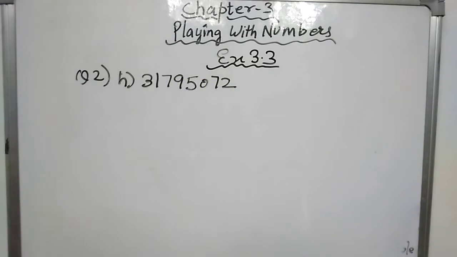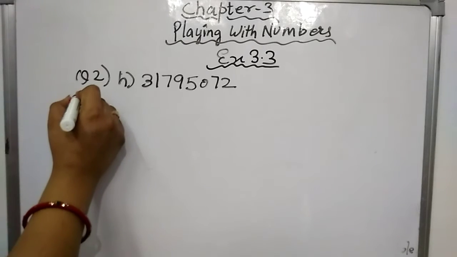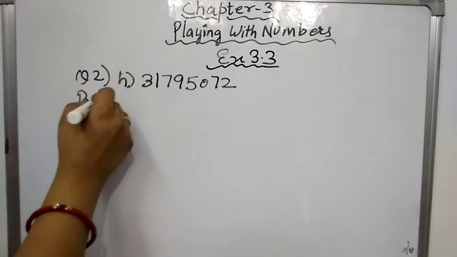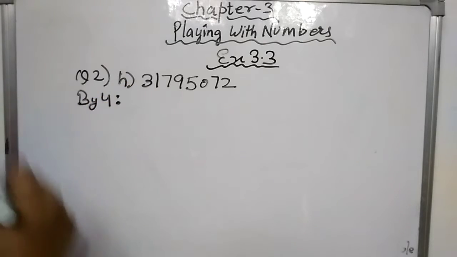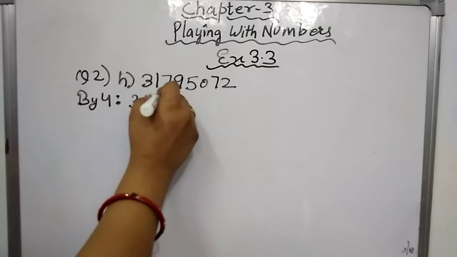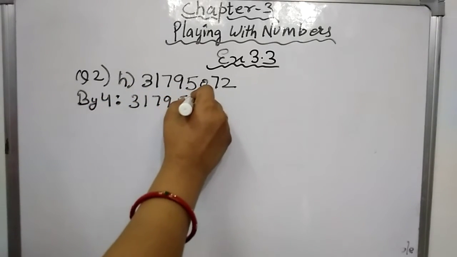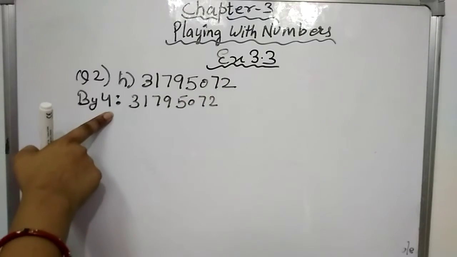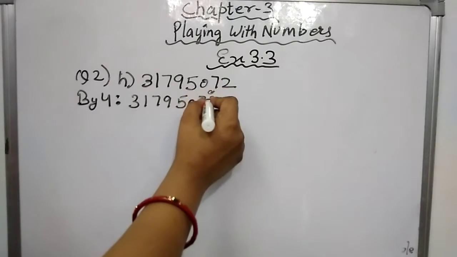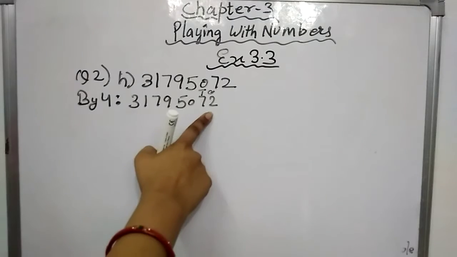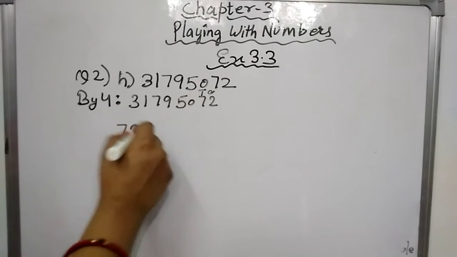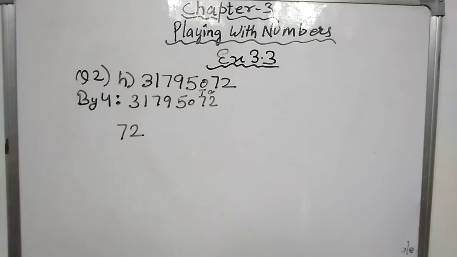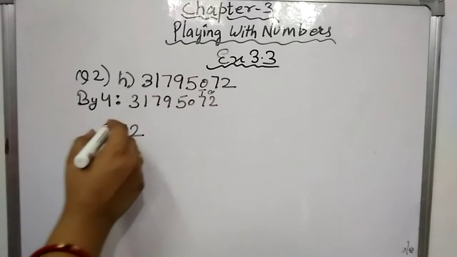Part H of question number 2. Number is 3,17,95,072. We need to check it by number 4. So test of divisibility by number 4 says, consider digit at ones and tens place. Digits at ones and tens place gives us a number 72.